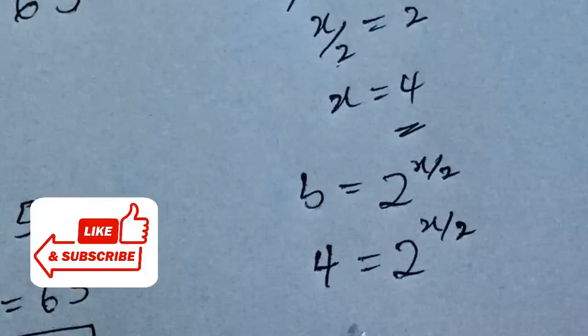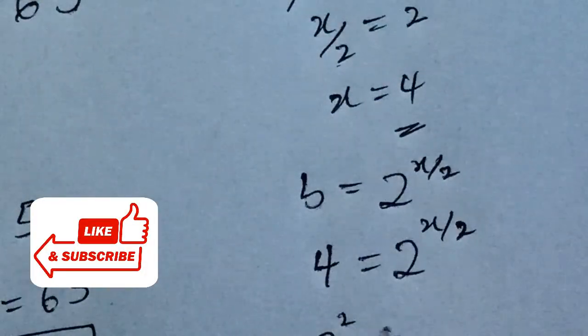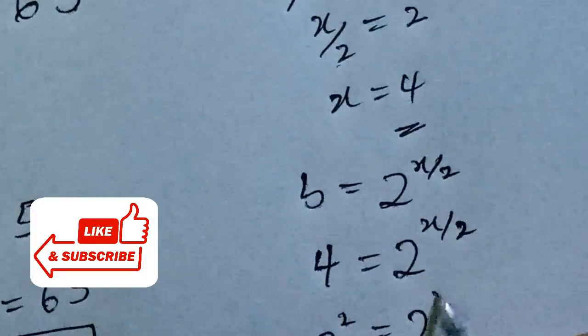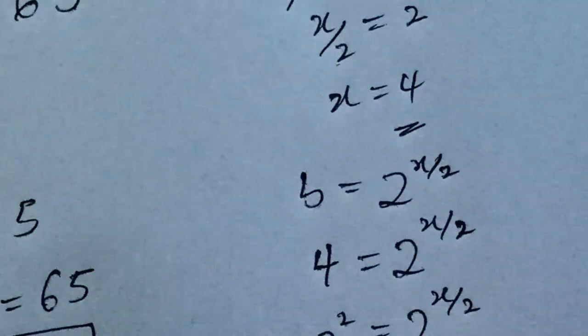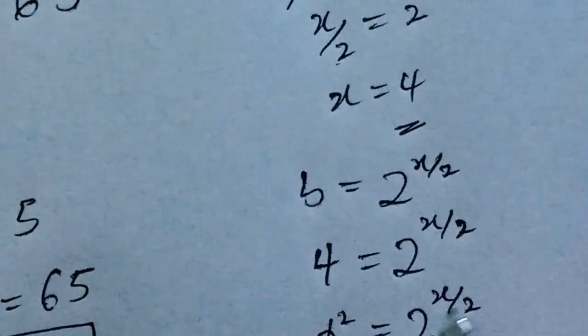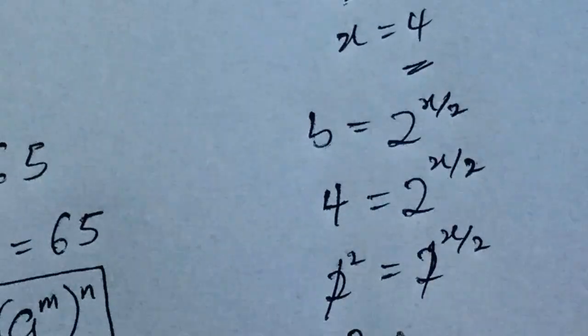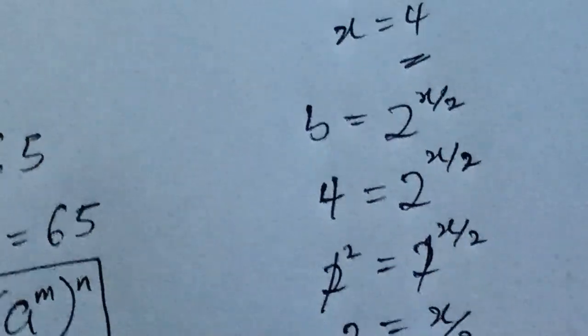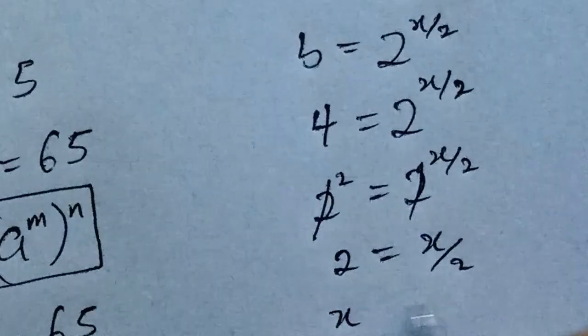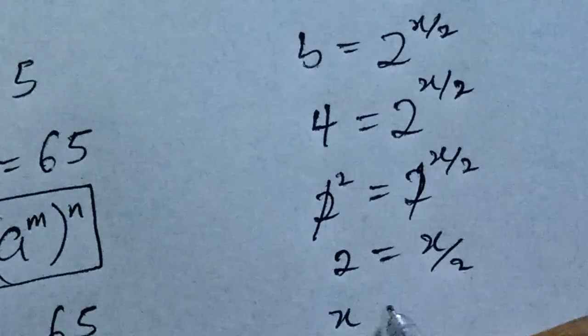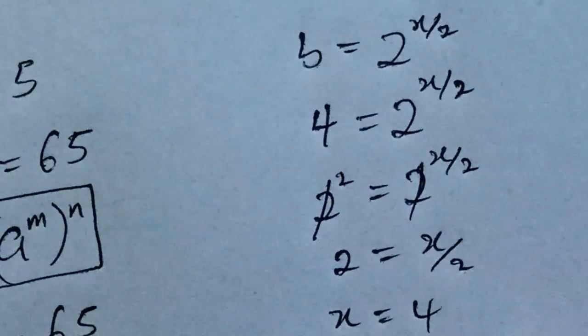And this can be simplified as 2 power 2 equal to 2 raised to power x over 2. So we cancel out the base, then we equate the power. So we have 2 equals x over 2. Then if we multiply this, we have x equal to 4.